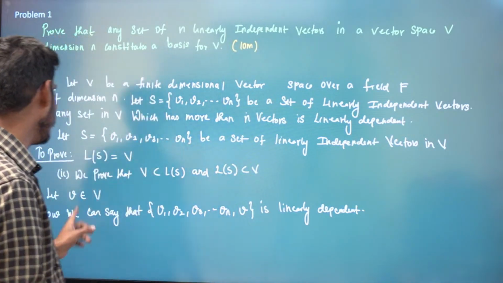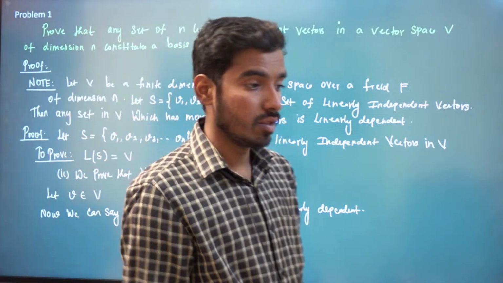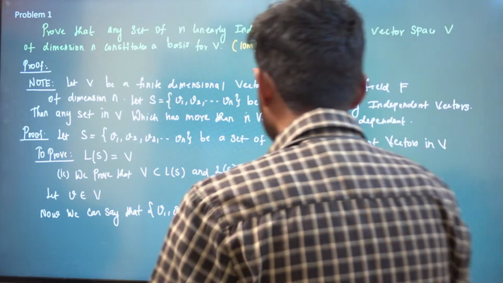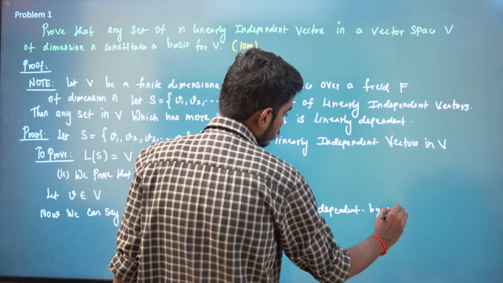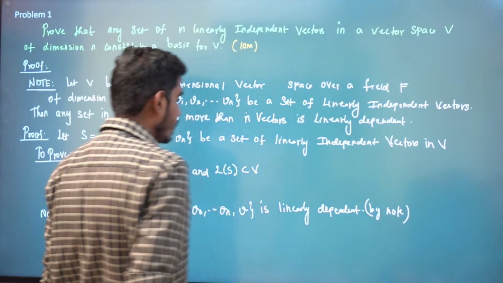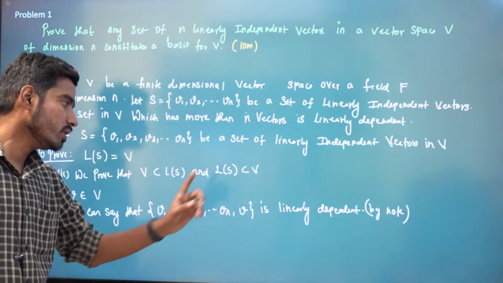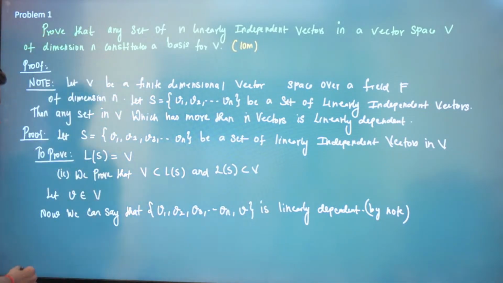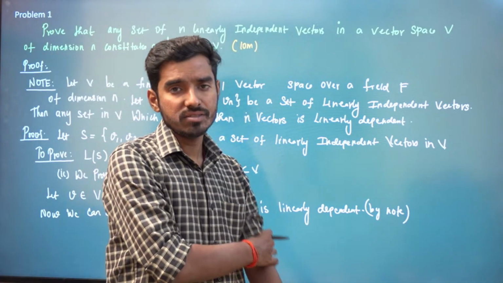I'm taking an element V in the vector space and adding that V to the set of n linearly independent vectors, then this set is linearly dependent. Yes or no?